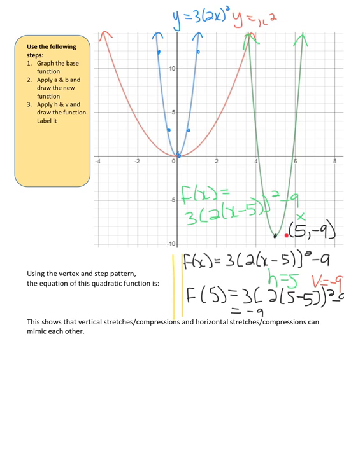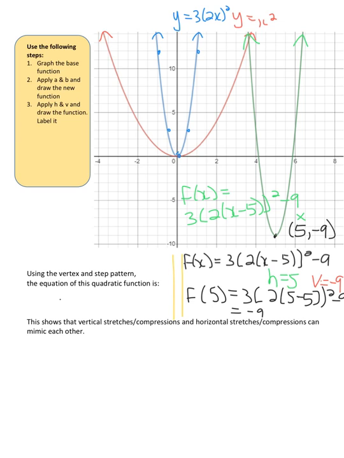So we have already identified the vertex of 5, -9, and the step pattern, what we're going to do is move 1 unit to the right and count how many units up we went. So 1, 2, 3, 4, 5, 6, 7, 8, 9, 10, 11, 12. So we went up 12 units, which means that the a value is 12.